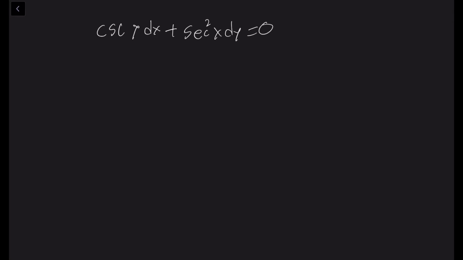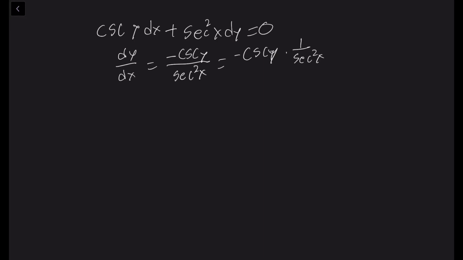So now, putting it into this form to see if it's separable or not, we would do dy over dx equals, and now we're able to do simple algebra to place the equation such as this. You can also write the equation as negative cosecant y times 1 over secant squared x. So it is a separable equation because it fits into that form.